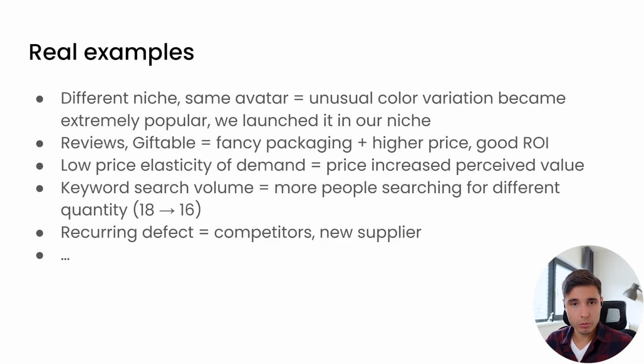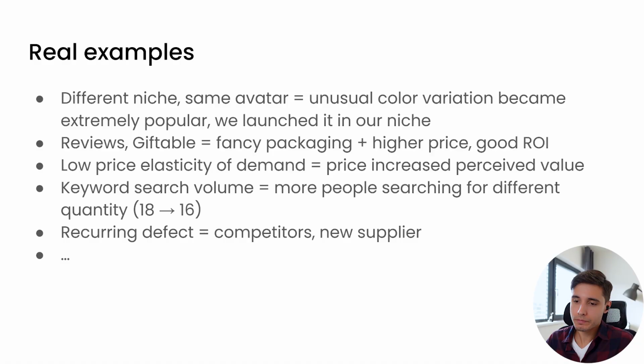And we noticed that more and more people actually searched for this, but none of the competitors really offered this. So once again, we launched the variation that offered this quantity that people started searching for. I don't know why, that's the thing. I don't know why, but I noticed this trend, so we just went for it. And that was our new hypothesis.